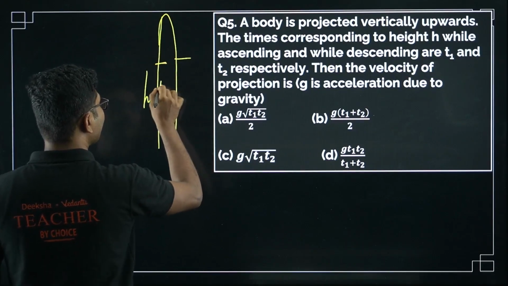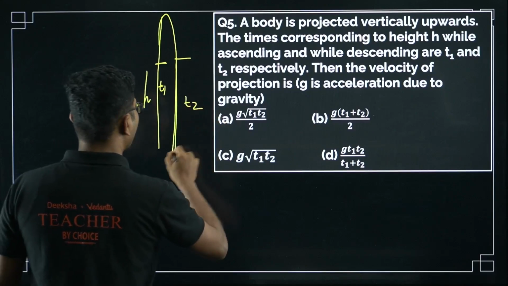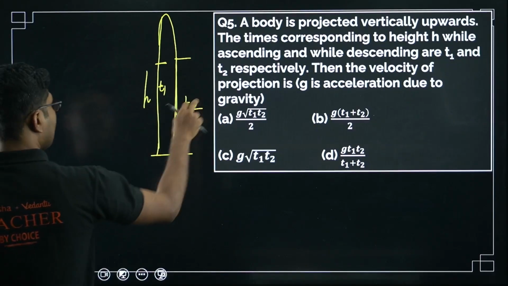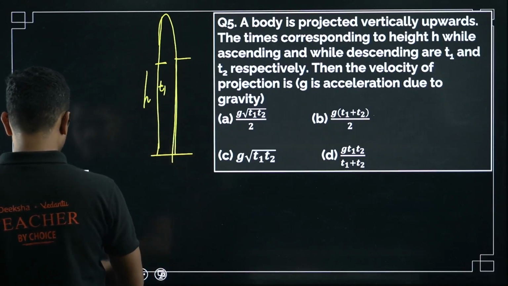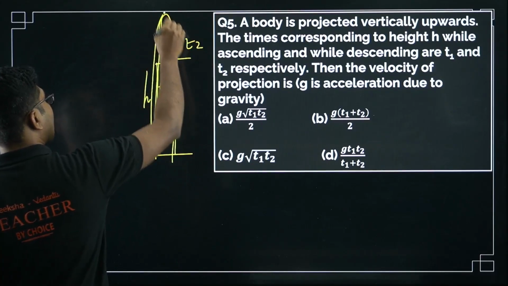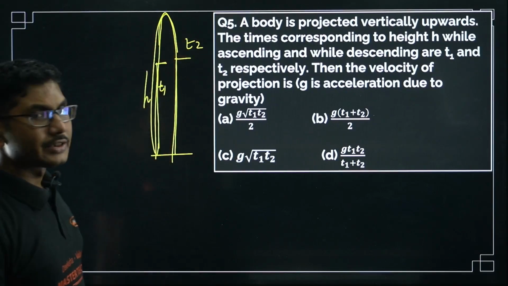The time taken to reach is t1, and t2 is the total time once it reaches over here. So this is t1 and this entire time is t2. They asked what is the velocity of projection.